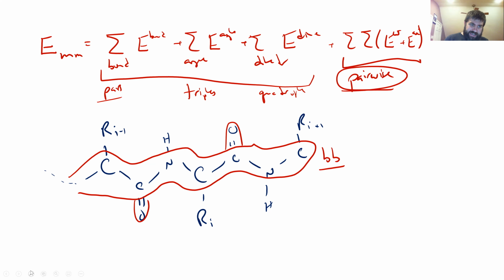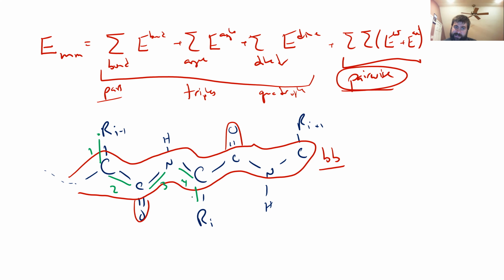Now, if we just count bonds, we can count here. If I go from this position, it takes one bond to get to the backbone. It takes another bond to get over to the carbon. It takes a third bond to get to the nitrogen. It takes a fourth bond to get over to this carbon.